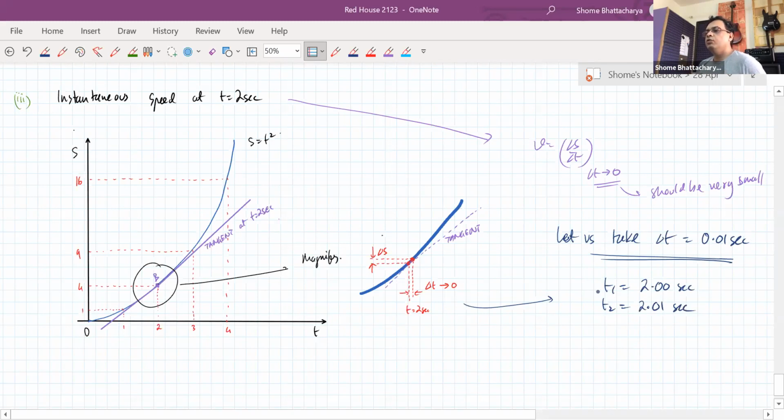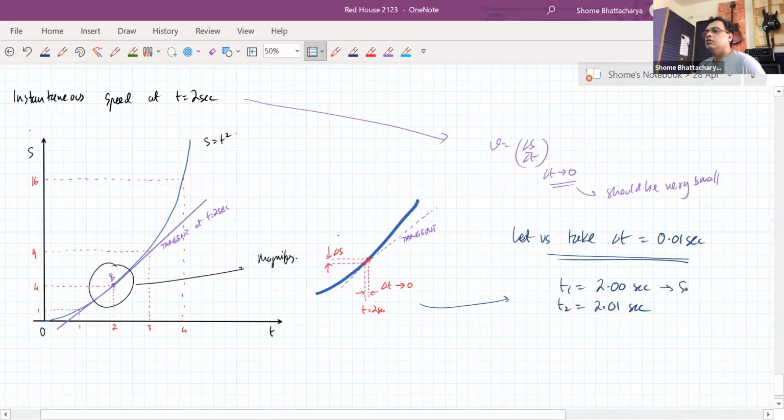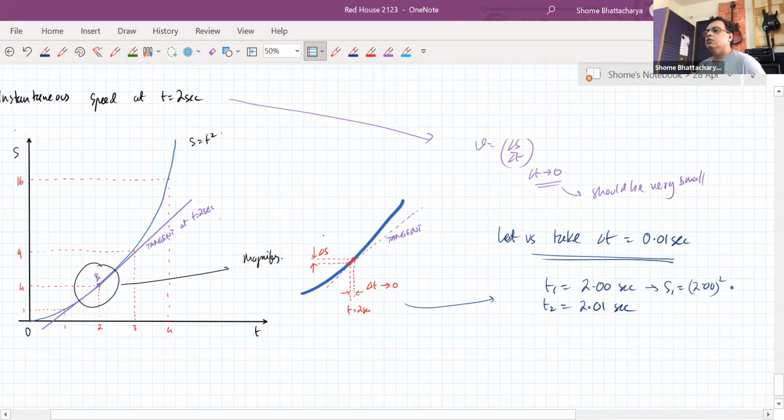Okay. So then what will be the value of s1? Okay. So that will be 4. And what will be the value of s2? It will be 2.01 square. Can you tell me how much this is? 2.01 square.